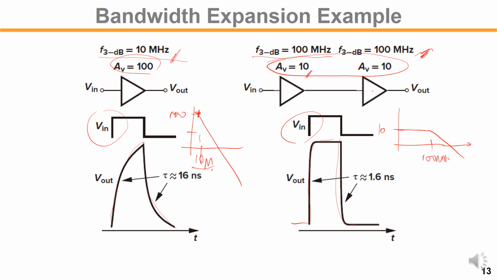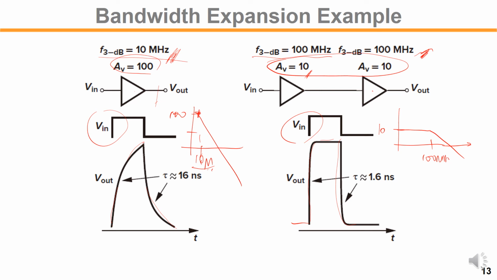As you can see in those two examples, having lower passband gain is not a problem, right? Because the lower gain can be overcome by cascading stages. But having smaller bandwidth, we cannot overcome by cascading smaller bandwidth amplifiers. You still get the lower bandwidth.